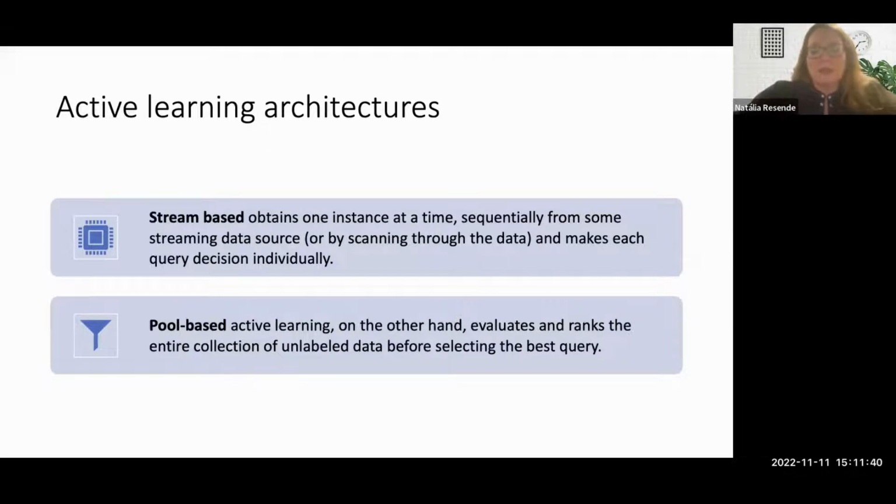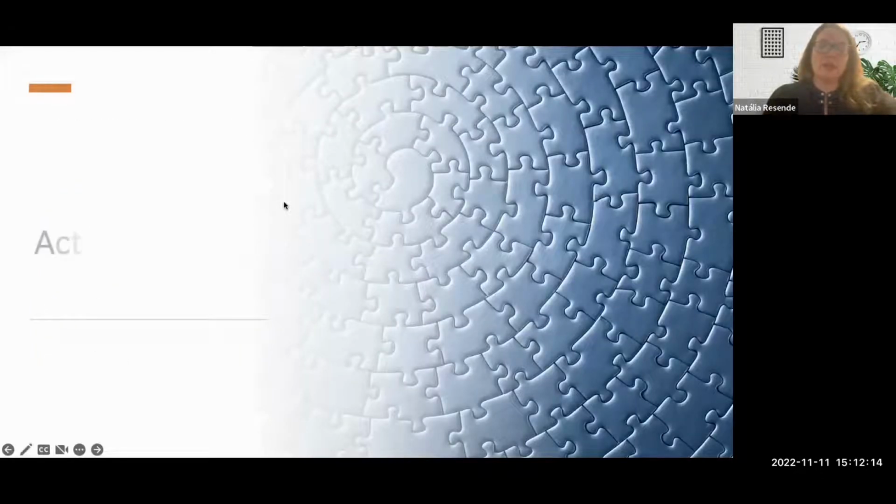In the pool-based, we rank order the entire collection of unlabeled data before selecting the best query. So this is the main difference. While in the stream-based we decide the level of utility of each instance individually, in the pool-based architecture we rank order a pool of unlabeled data in terms of utility before selecting.